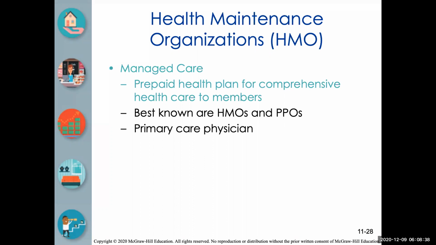In some cases, the primary care physician is given to you and you don't have choice. And as you can imagine, the more choice that you have, the more expensive the policy. We can love capitalism or we can hate capitalism, but there's one certain thing about capitalism. The more choice we have, the more expensive things are.